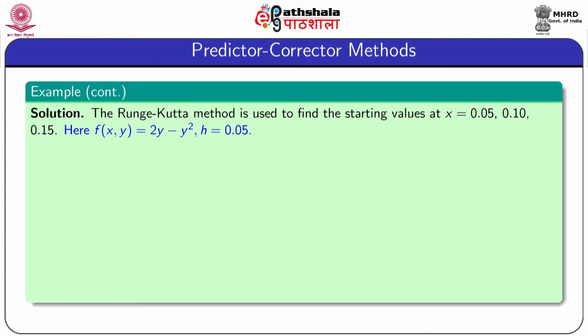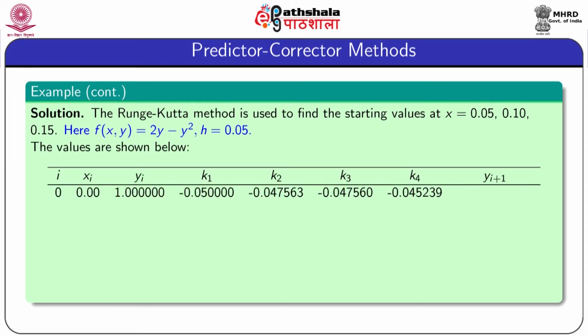Here the function f(x, y) is equal to 2y minus y squared and h equal to 0.05. So for these values, we applied the fourth order Runge-Kutta method to find the value of y1. So the first row of this table represents the values of x_i, y_i, k1, k2, k3, k4, and using these values we calculate the value of y1, and it is equal to 0.952419.